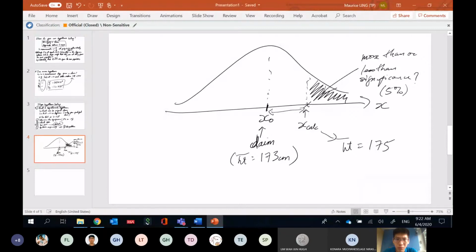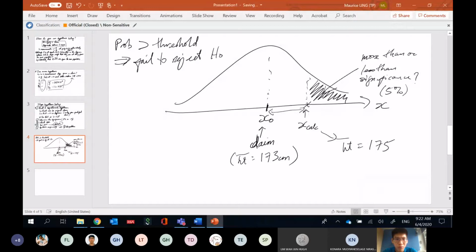So if the probability is more than the threshold, we say that we fail to reject the null hypothesis.